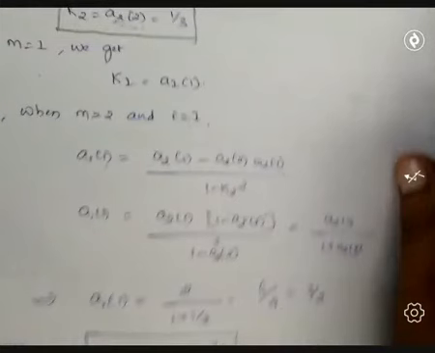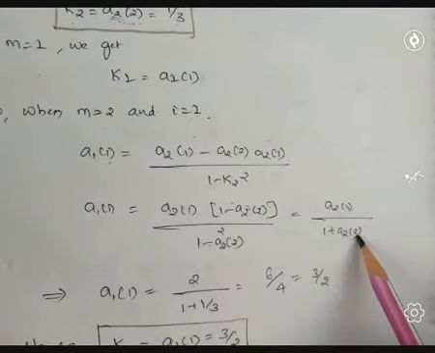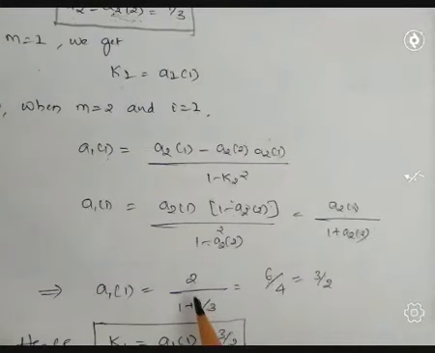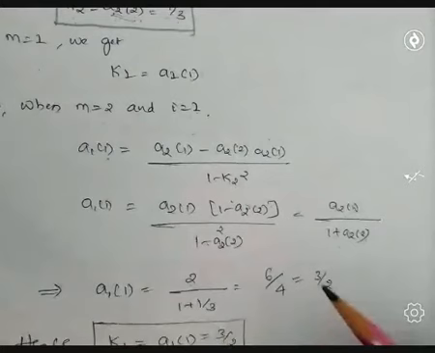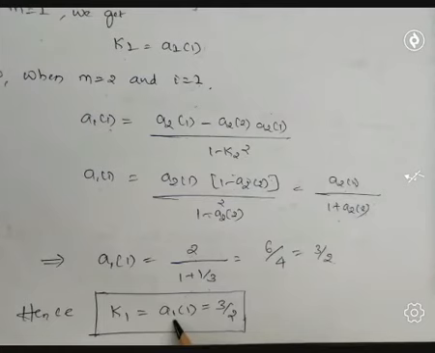Hence, A2 of 1 is 2 divided by 1 plus A2 of 2. A2 of 2 is 1 by 3. So 2 divided by 1 plus 1 by 3. Do the simplification, we got 3 by 2. Hence, K1 equal to A1 of 1 equal to 3 by 2.